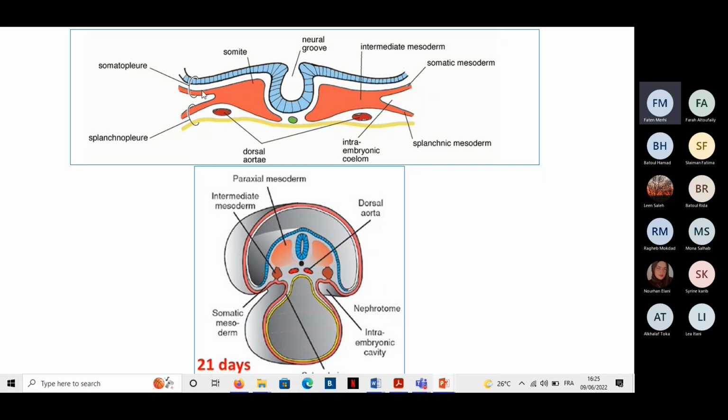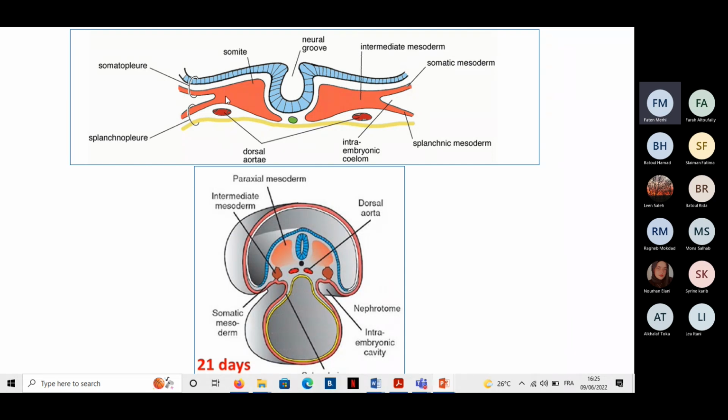The mesoderm is the middle layer, and it will be divided into the paraaxial mesoderm, which is near the neural groove, the intermediate mesoderm, and the lateral mesoderm, which will give the somatopleur and the splanchnopleur. Now, the gonads will develop from the intermediate region of the mesoderm.